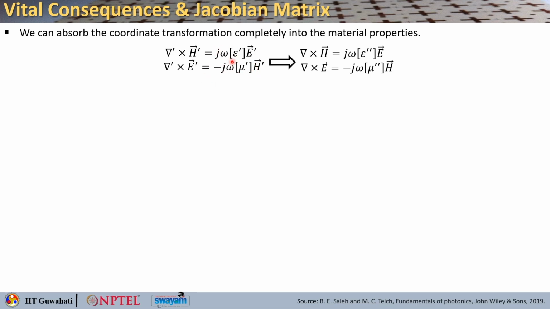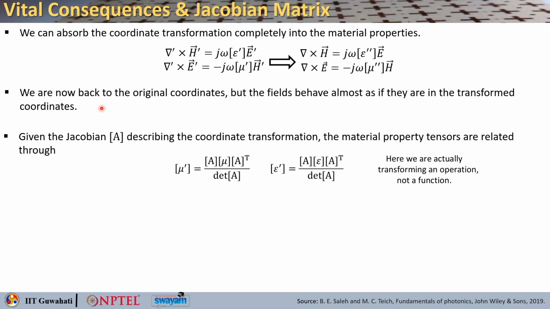But what you can do, you can basically push all this coordinate transformation into the material property like this, and you go back to your old coordinate system. Now, you can go back to the old coordinate system, but in this case the fields will basically behave as if they are in the transformed coordinate system, because this and this are now equivalent. So what are these new ones?